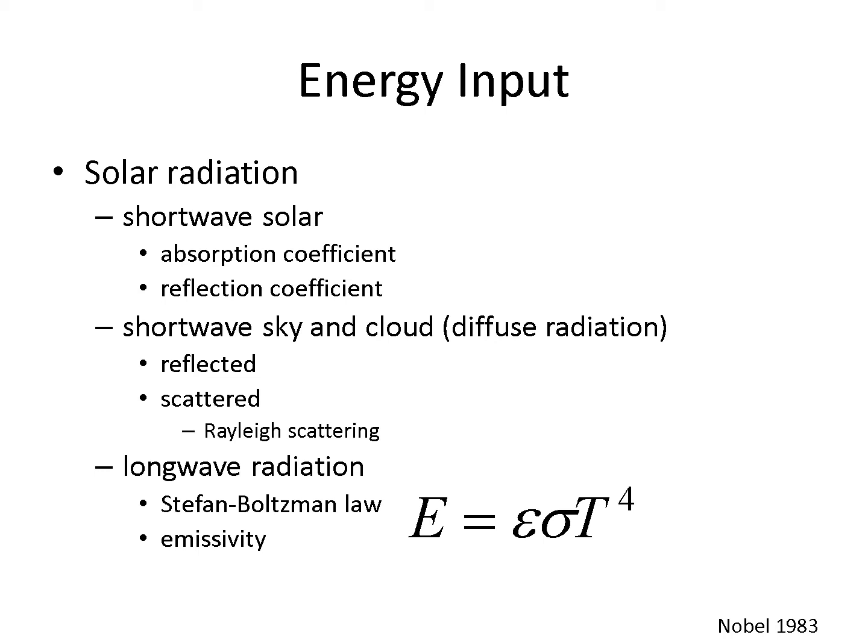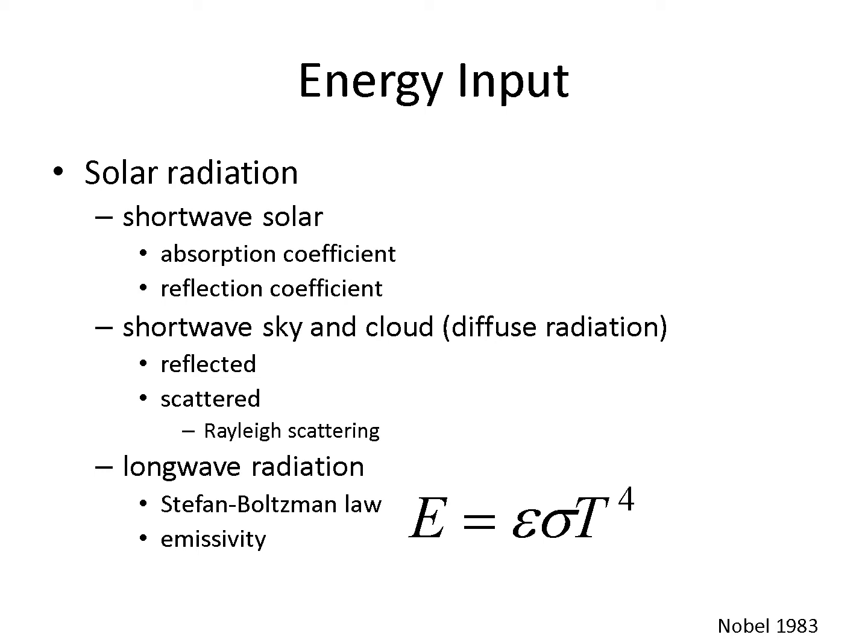So most long-wave radiation from the sky is due to radiation coming from carbon dioxide and water vapor particles in the atmosphere that have absorbed radiation and heated up and then emitted long-wave radiation.